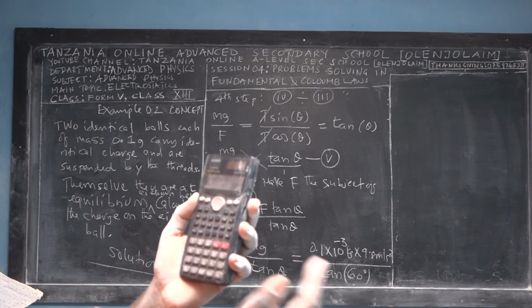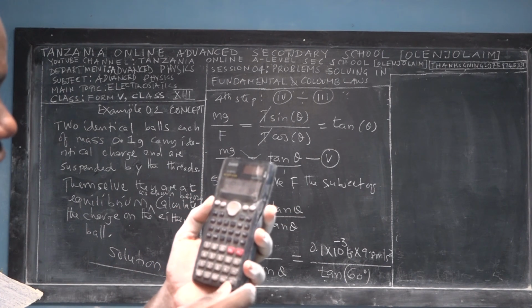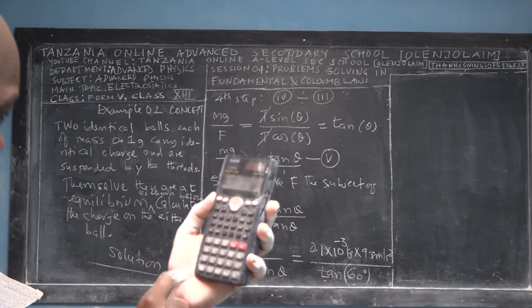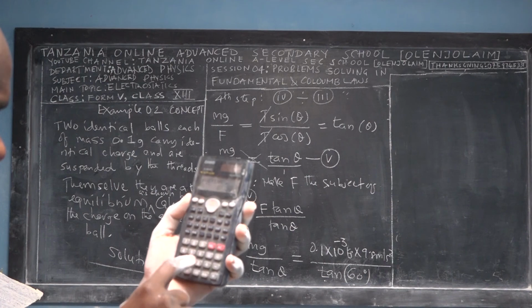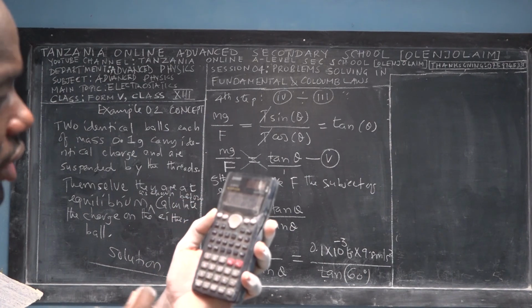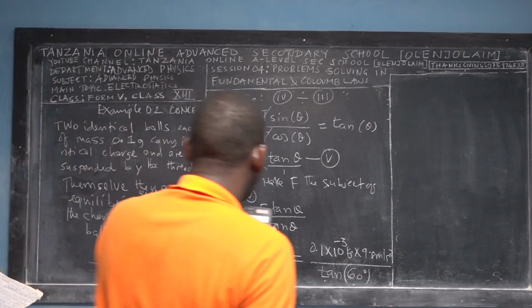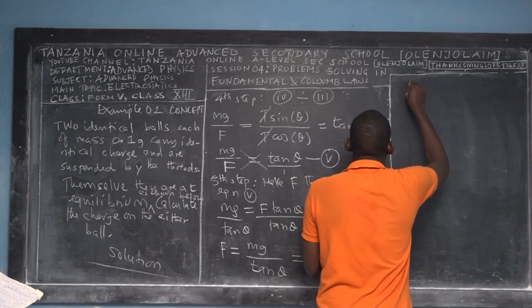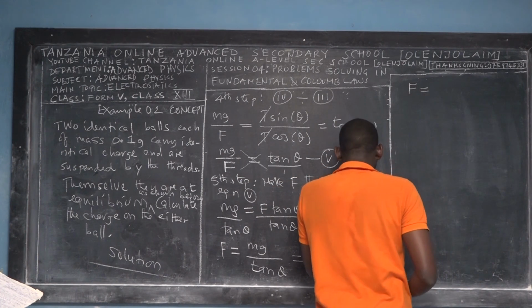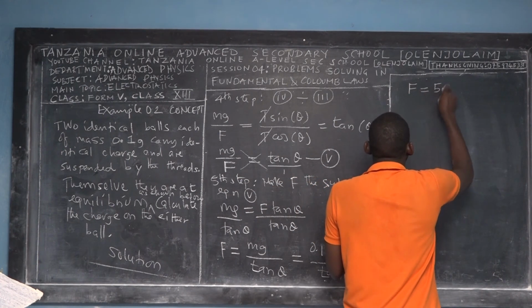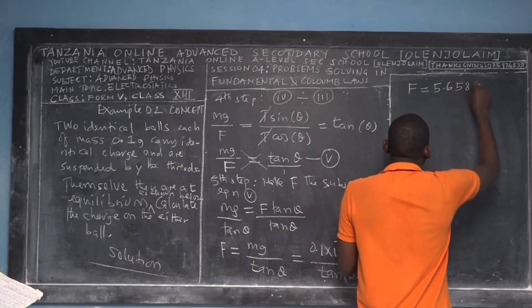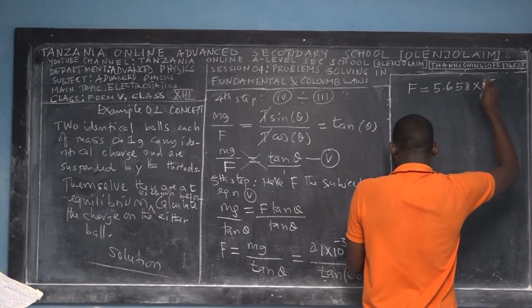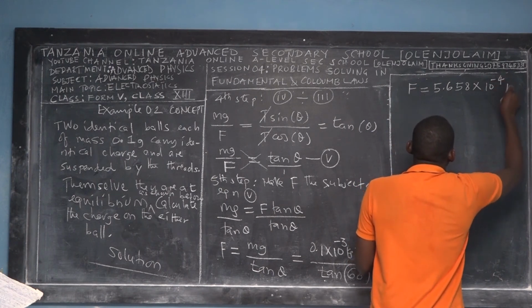Then we divide this by tangent of 60 degrees. So the answer is what? The electrostatic force of repulsion between two identical balls that carry identical charge is 5.658 exponent negative 4 Newton.